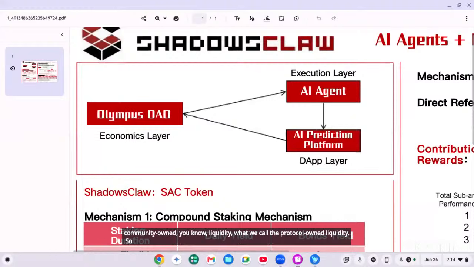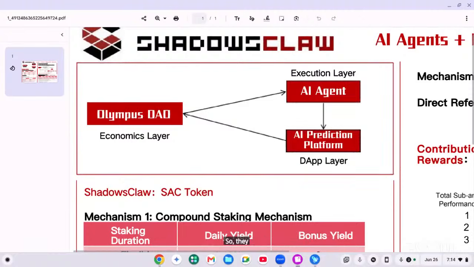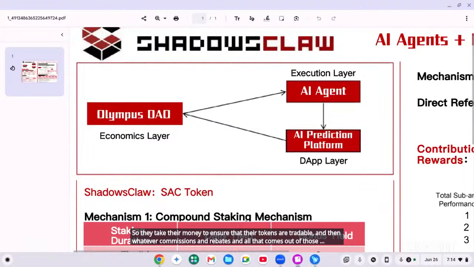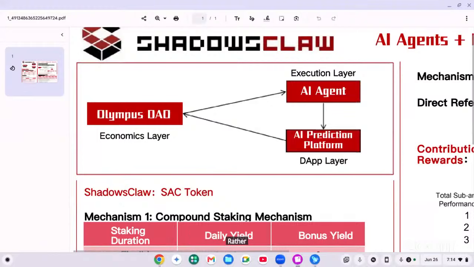So how did they do that? They rallied their people, and created an avenue for their people to actually provide this liquidity in the form of staking. So they stake their money to ensure that their tokens are tradable, and whatever commissions and rebates and all that come out of those activities are rather channeled to the users who actually provide this liquidity, right?